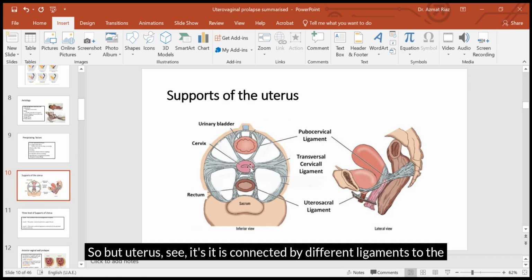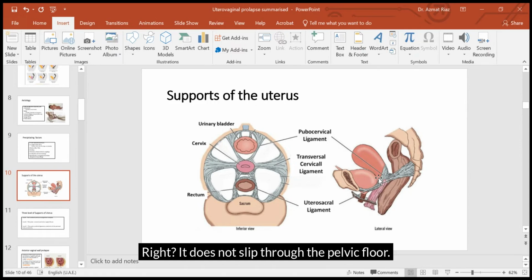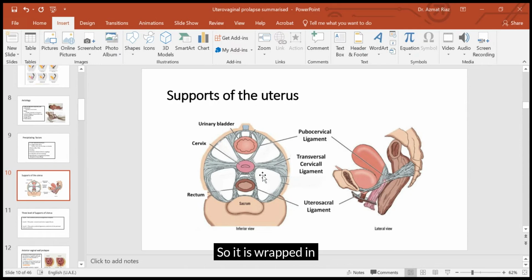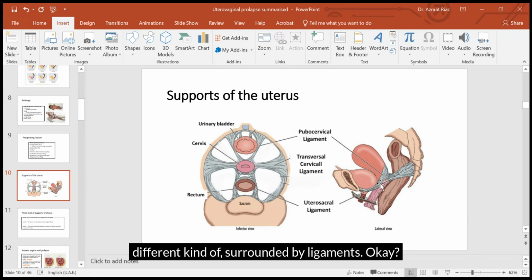The uterus is connected by different ligaments to the surrounding structures, and that's why its position is maintained. It does not slip through the pelvic floor. It is surrounded by ligaments.